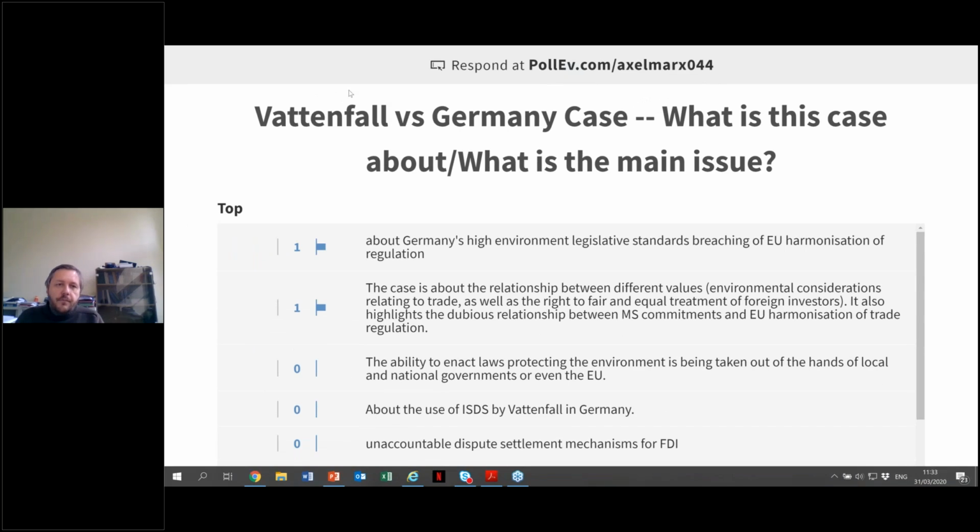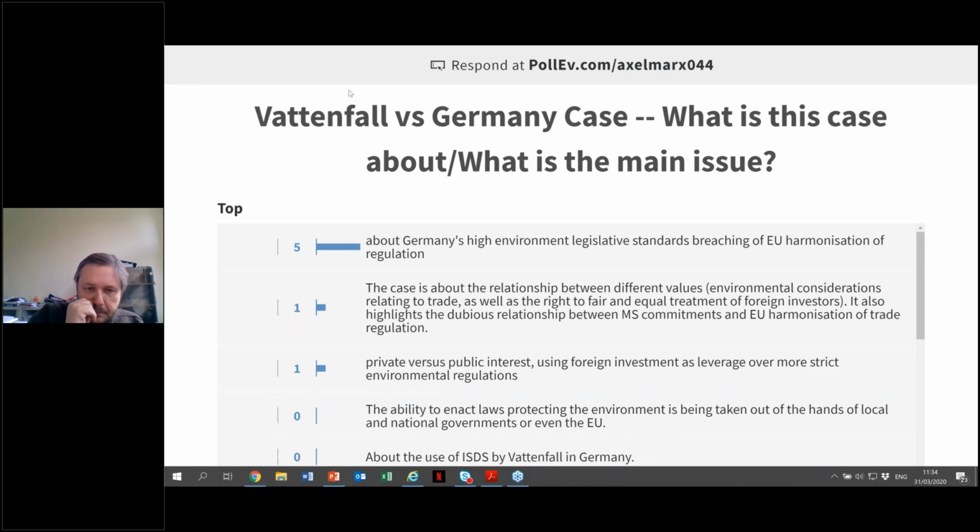So I see responses coming in. One saying that it's about Germany's high environmental legislative standards breaching EU harmonization of environmental regulation. Another one pointing out the relationship and possible trade-off between different values, with on the one hand environmental protection, on the other hand equal treatment of foreign investors.